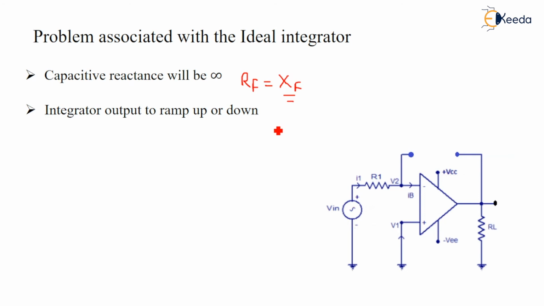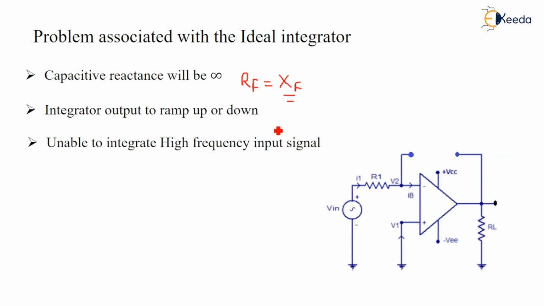Due to these two problems, the output voltage ramps up or down to a very high value. The next problem is that the gain of the ideal integrator, which is infinite, goes on decreasing with increasing frequency. Hence, it is unable to integrate high frequency input signals.